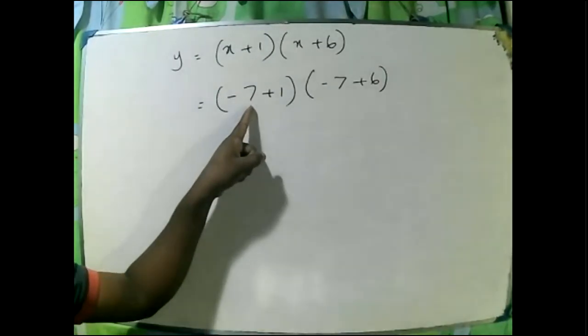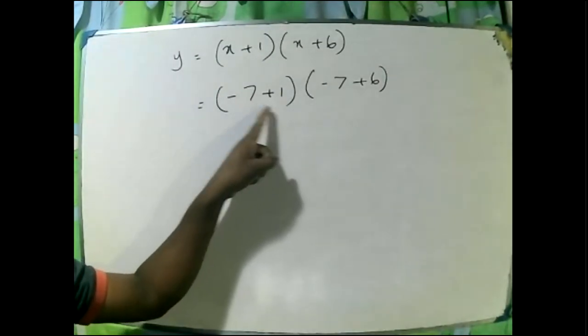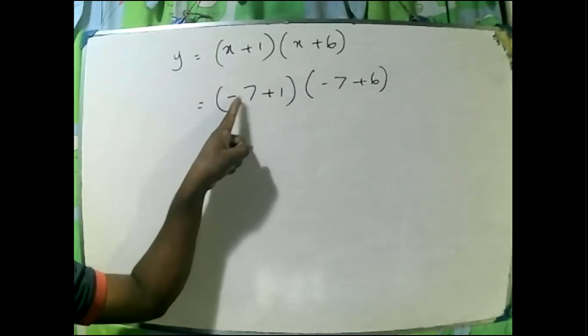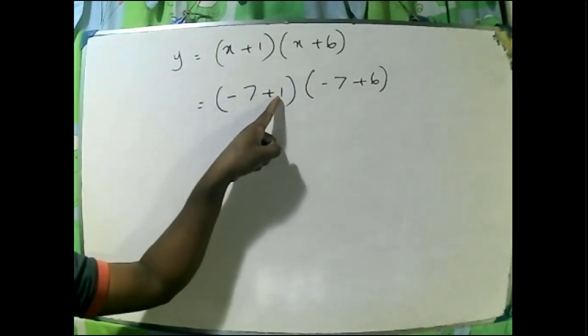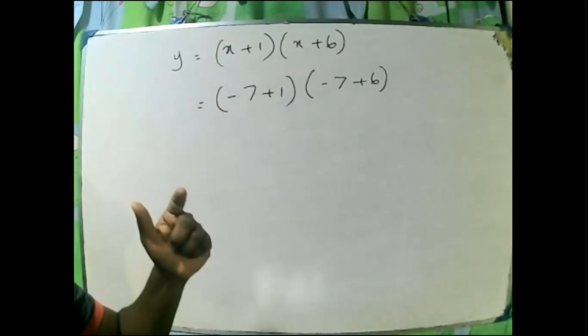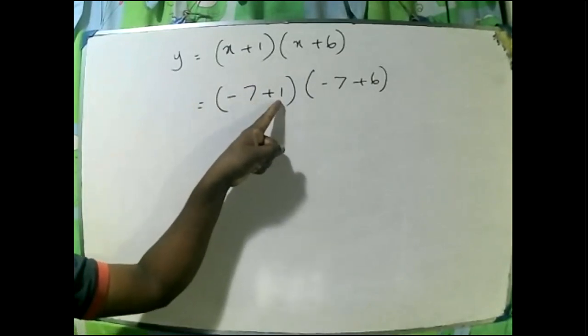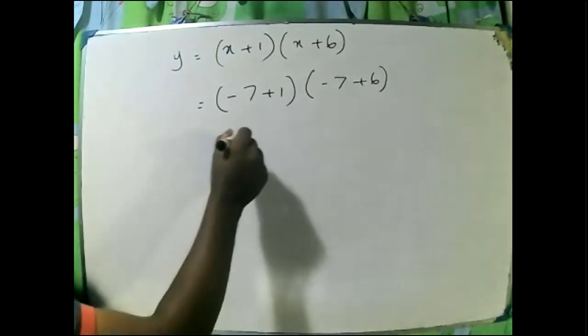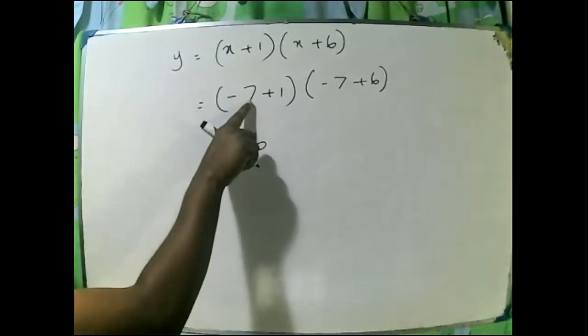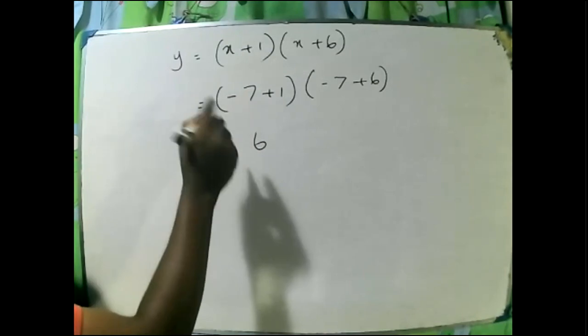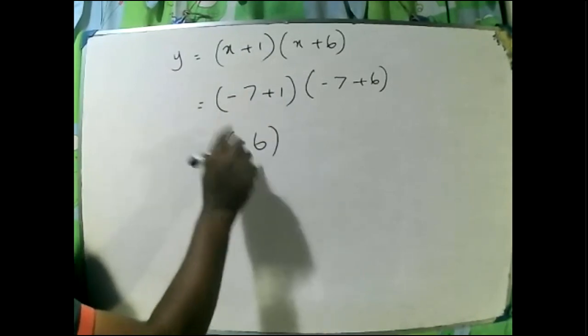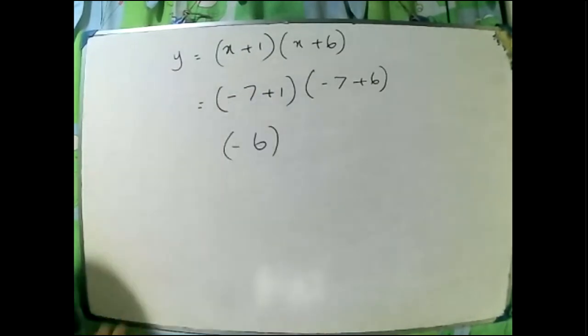Now take the value inside the bracket. This number is negative, this number is positive, right? Different signs means you have to subtract, right? 7 minus 1, that is 6. The greater number is 7, that is negative. Therefore negative 7 plus 1 is negative 6.